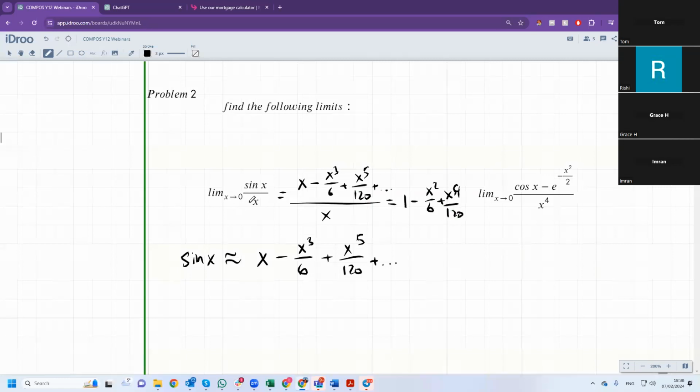And because x tends to 0, this all tends to 0, and the answer is 1.